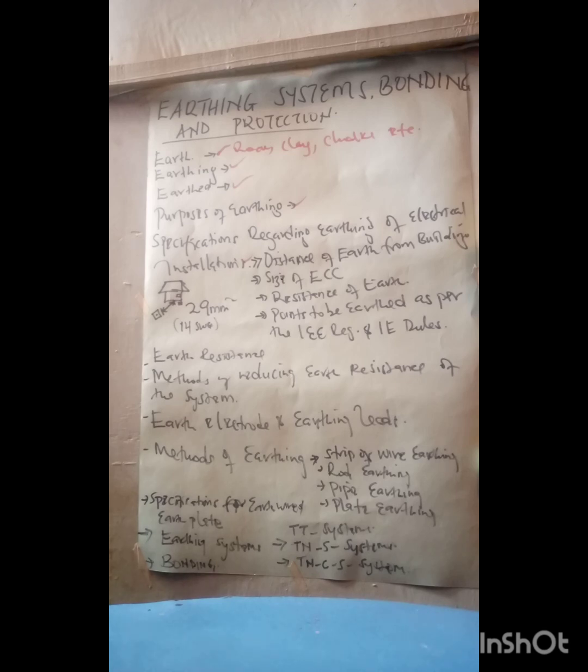Now the earth wire shall be taken through GI pipe of 13 millimeter diameter for at least 30 centimeter length above and below surface to the earth electrode to protect it against mechanical damage. I shall explain that.